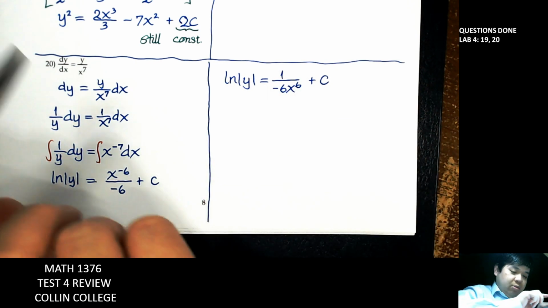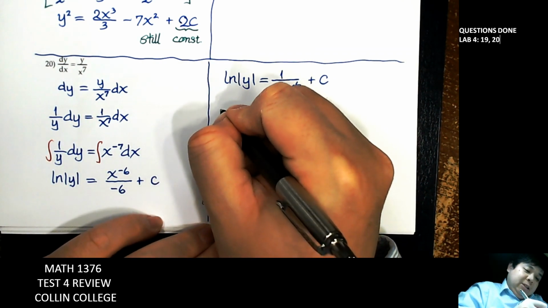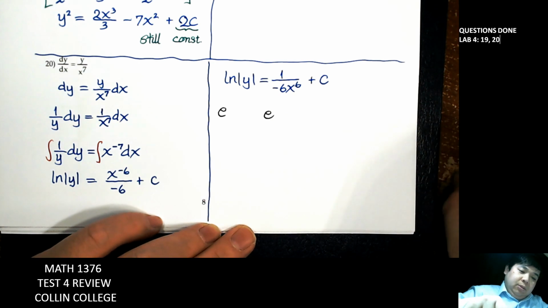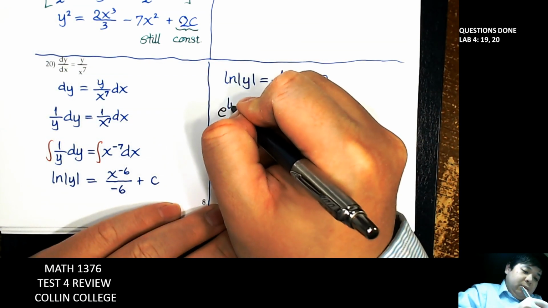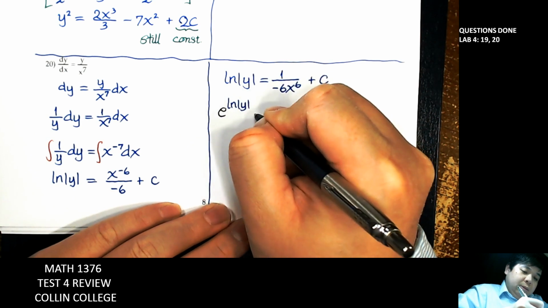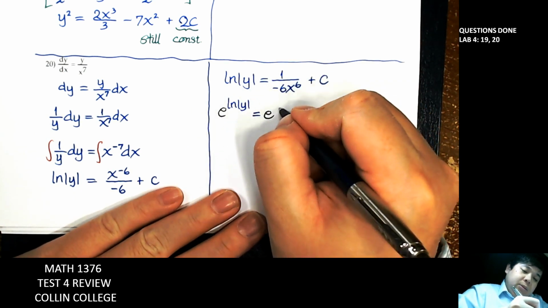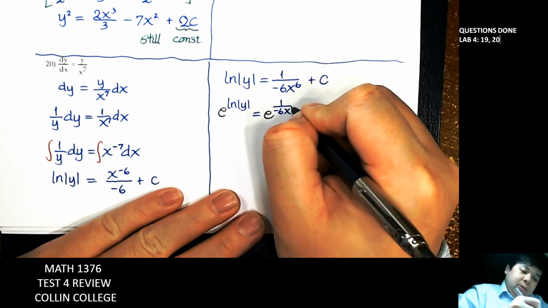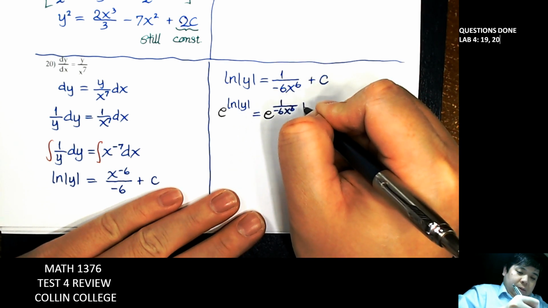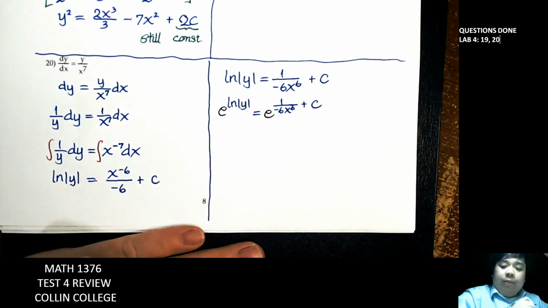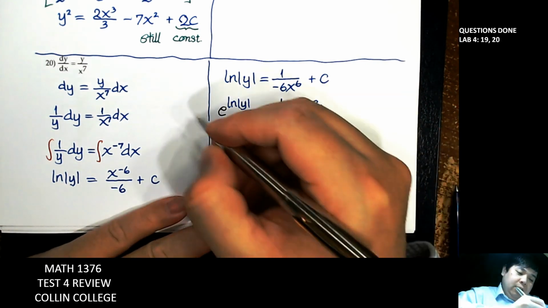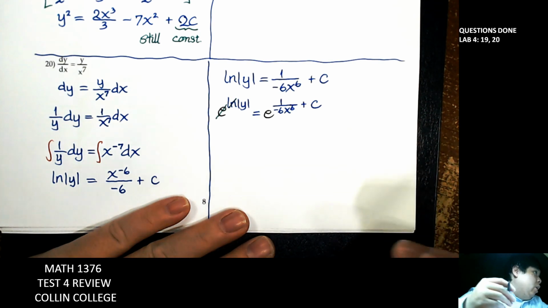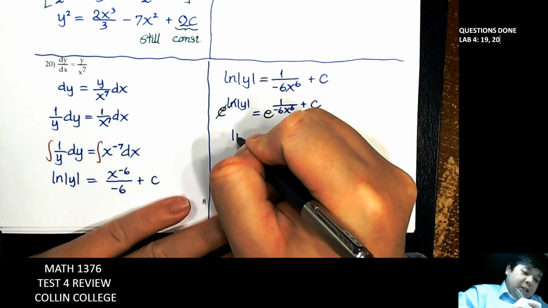Let's use that. e and ln cancel here. We just have the absolute value of y.